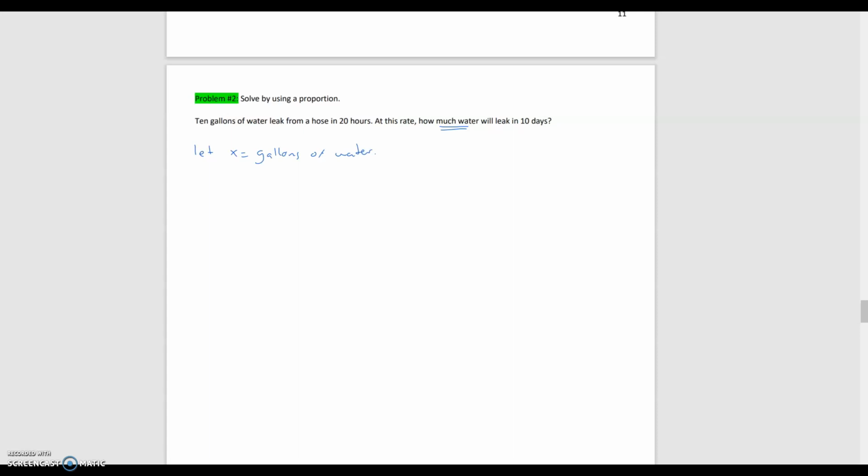Now for our proportion, we're looking at the following. So 10 gallons leak in 20 hours. So this is going to be 10 gallons over 20 hours. This has to be equivalent to technically X gallons in 10 days.